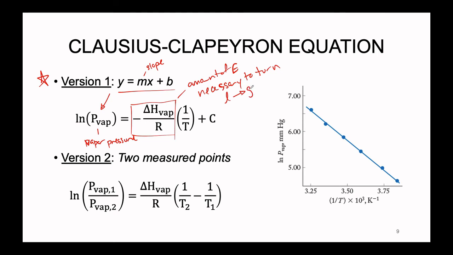So this is the amount of energy we need to cause our liquid to evaporate. This is going to be our term that quantifies how volatile our liquid is. The greater the energy, the more energy it's going to take to turn our liquid into a gas, and the lower the energy, the less it's going to take to turn our liquid into a gas.